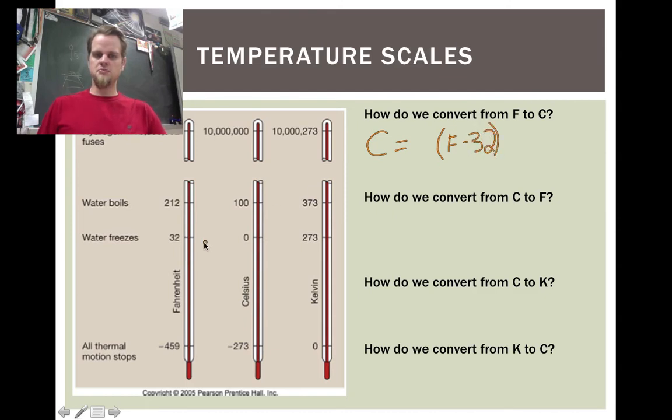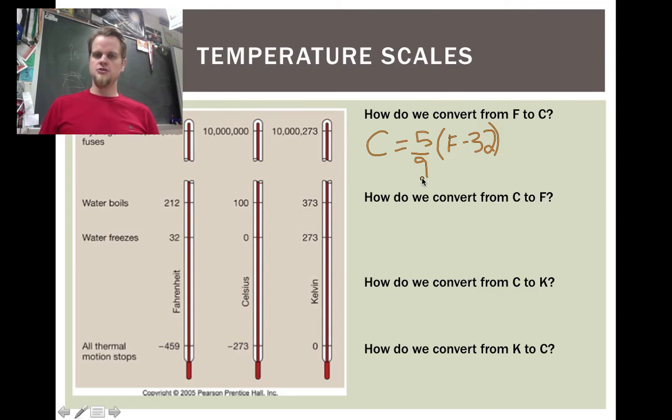That's because you've got to go from 32 down to 0. There's that 32-degree shift where 0 and 32 are just a bit off. And you've got to take into account that scale difference, which would be 5/9.